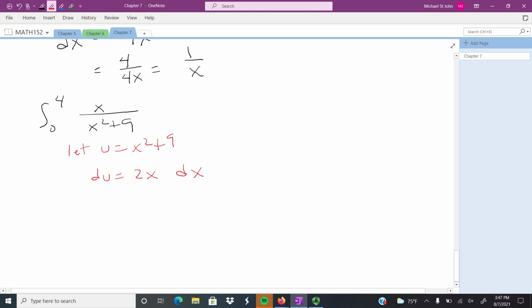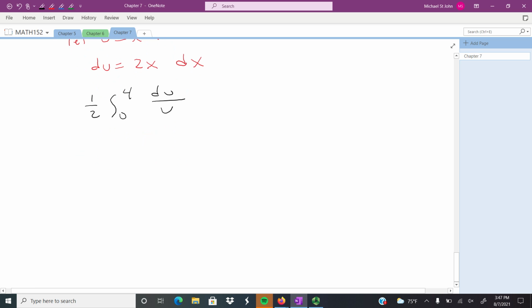And so now I can rewrite this. It is going to be 1/2 integral from 0 to 4 of du over u, which will be 1/2 the natural log of u evaluated from 0 to 4.